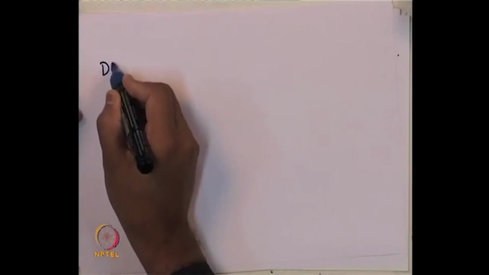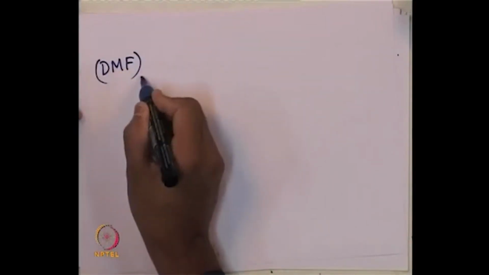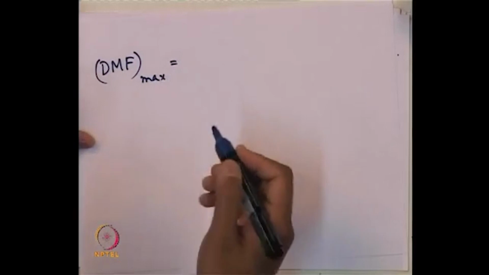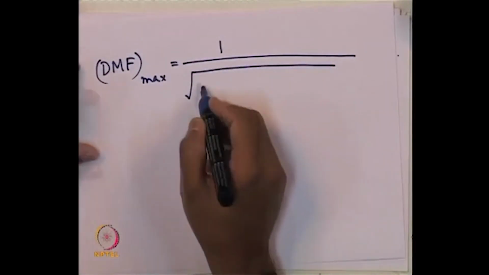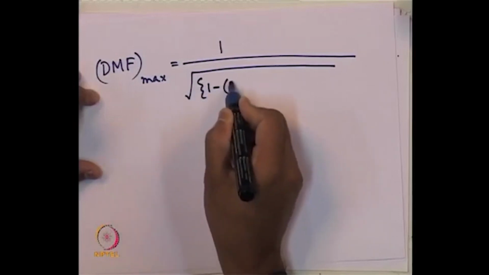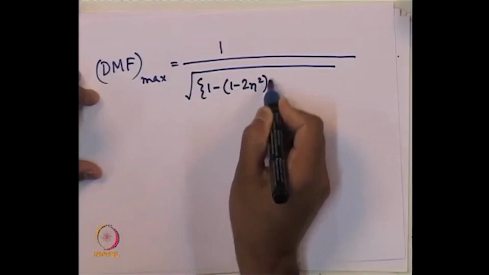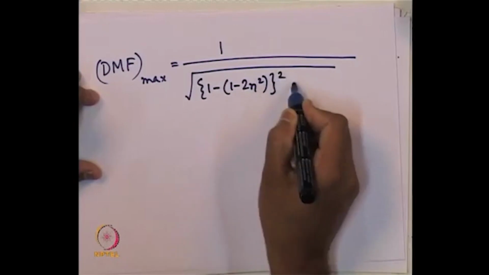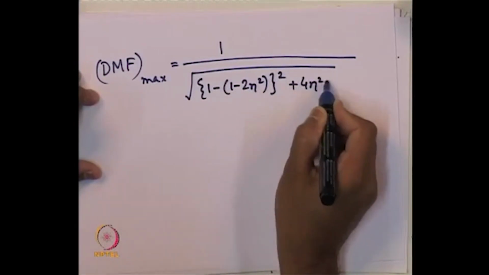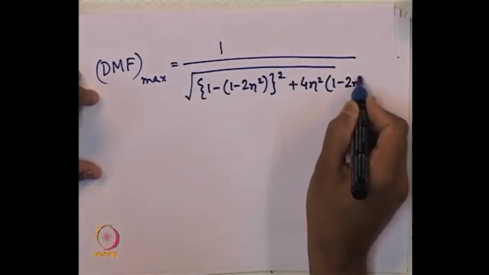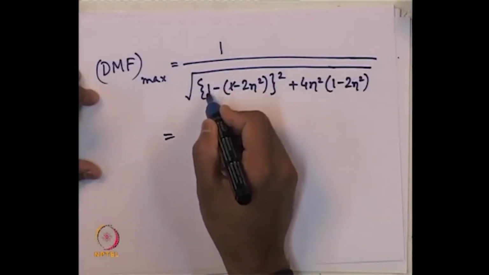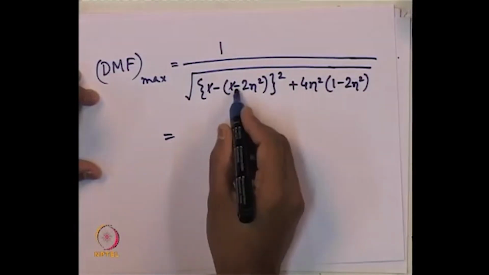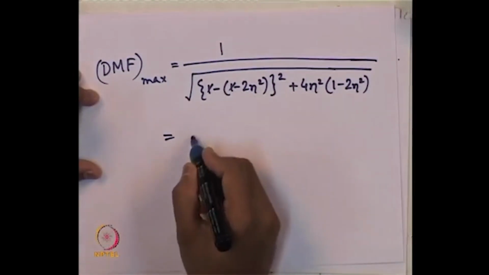So, DMF max is now 1 by root over (1 minus (1 minus 2 eta square)) whole square plus 4 eta square (1 minus 2 eta square). The 1 gets cancelled, and this becomes plus 2 eta square.